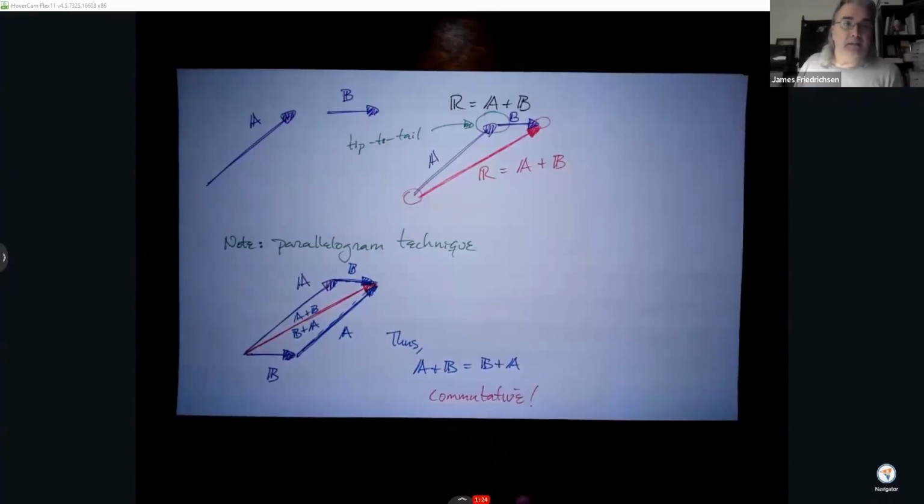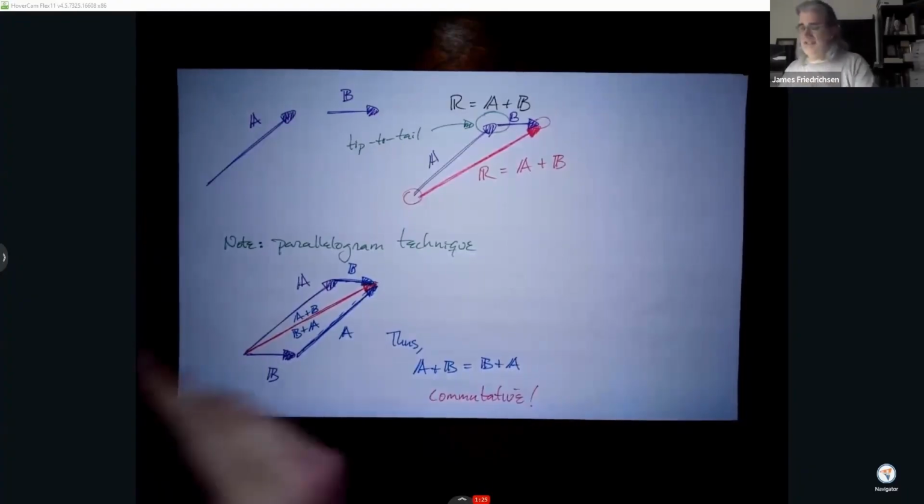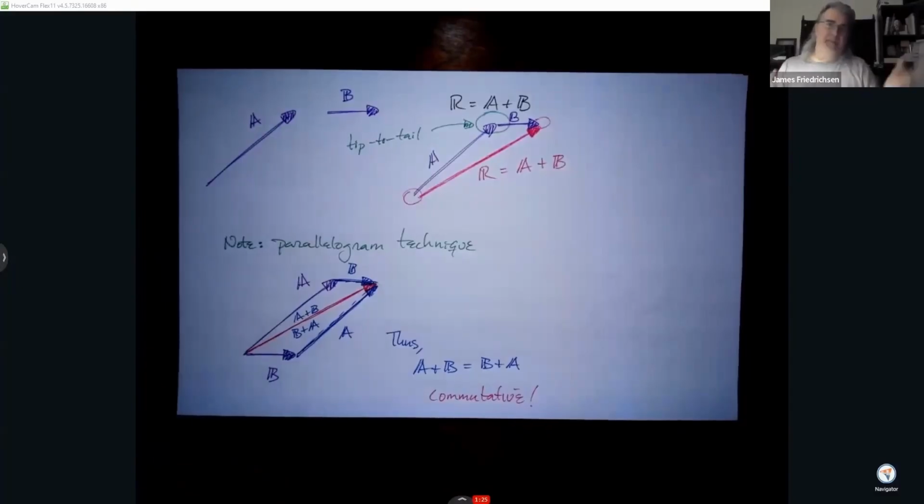But that's about it. Because the limitations of the parallelogram technique are, one, you can only add 2 vectors at a time. Okay. Whereas with the tip-to-tail technique, you can add as many vectors as you want at a time.